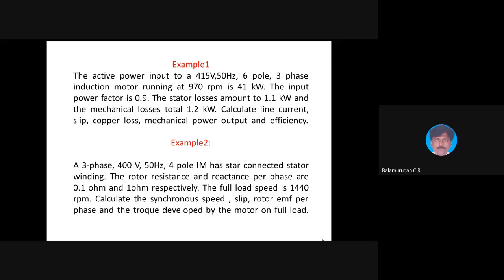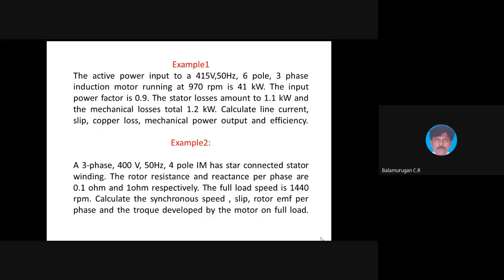So what are the parameters given? Line voltage is equal to 415 volt, the frequency 50 hertz, number of poles is 6, speed n is equal to 970 rpm, and power input equal to 41 kilowatt.